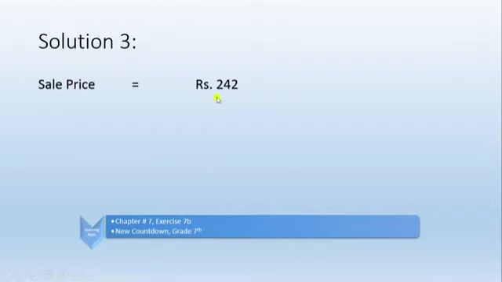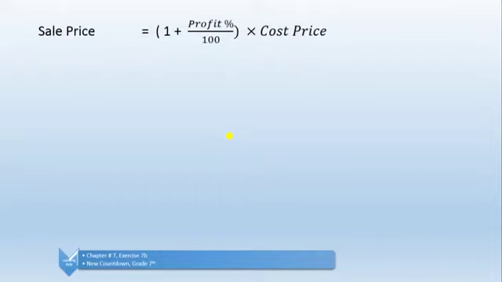We have sale price 242 rupees, profit percentage 10%, cost price, which we don't know, and profit. So let's first find the cost price.